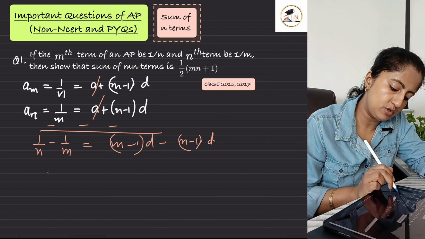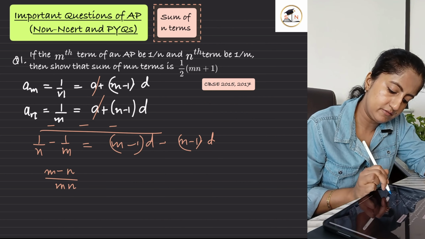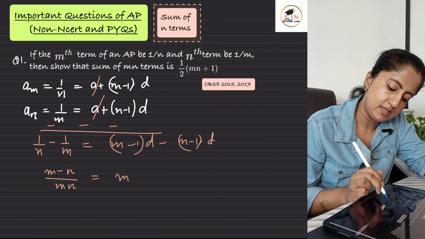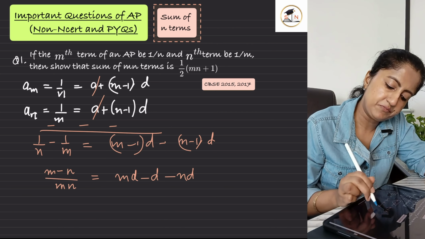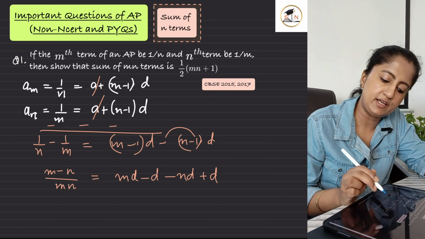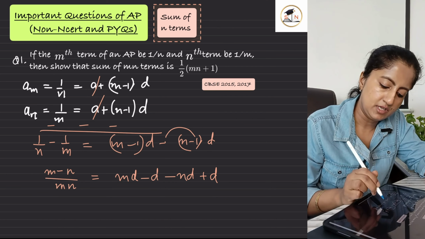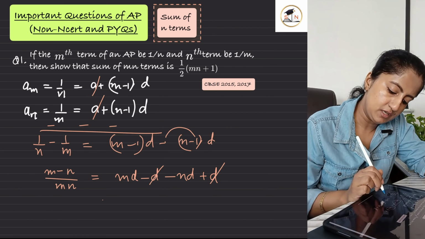Now taking up LCM on the left gives me m minus n over mn equals md minus d minus nd plus d. I have opened up the brackets and this negative turned d positive. So now 1d is negative, 1d is positive, they got cancelled.